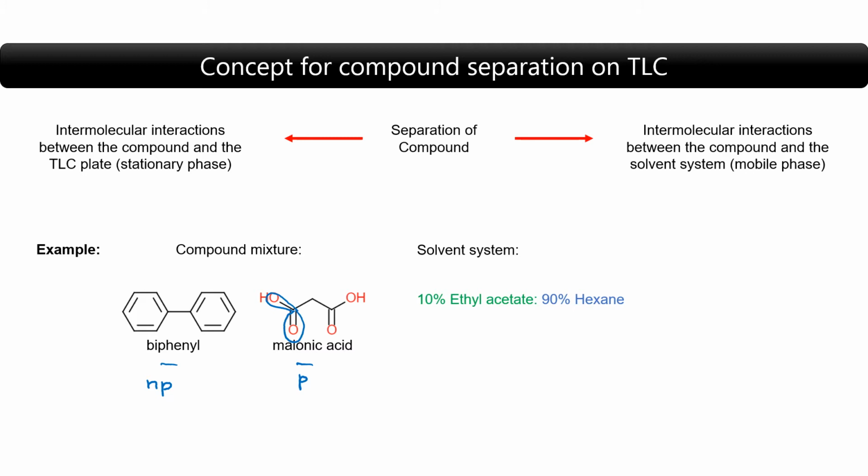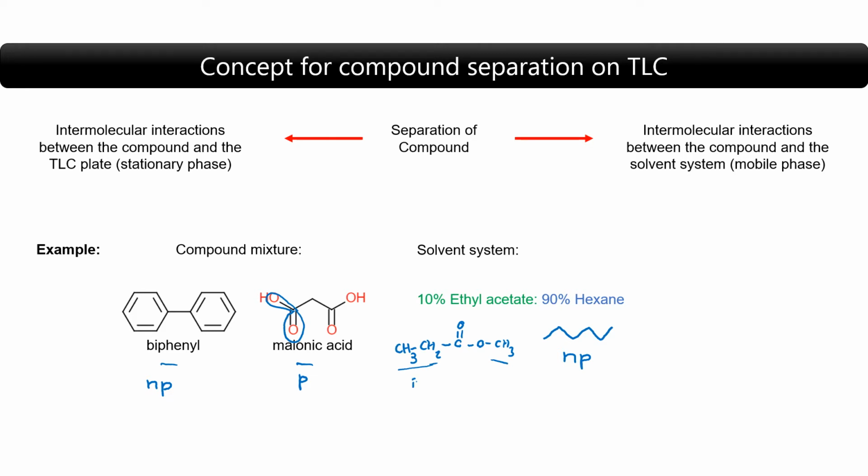Let's take a look at the solvent system. So hexane is basically a six-membered carbon and hydrogen structure, and it's nonpolar. Ethyl acetate has this acetate group and an ethyl group. So compared to hexane, it's relatively more polar, but it also has these nonpolar portions on it.